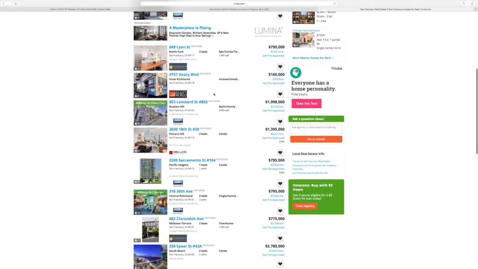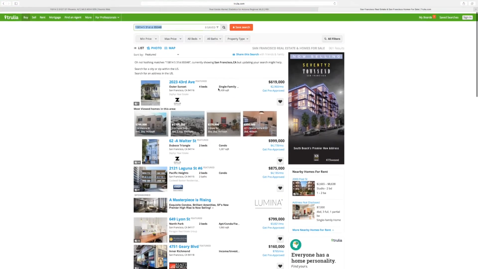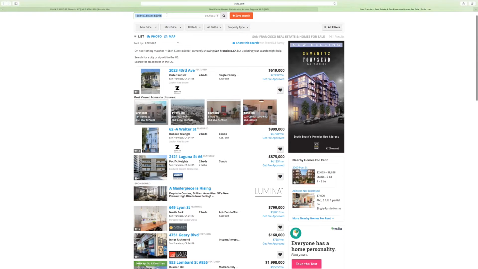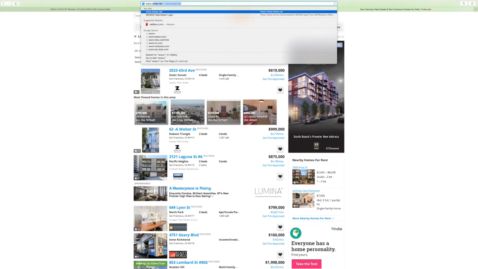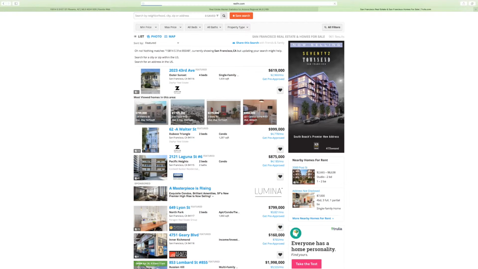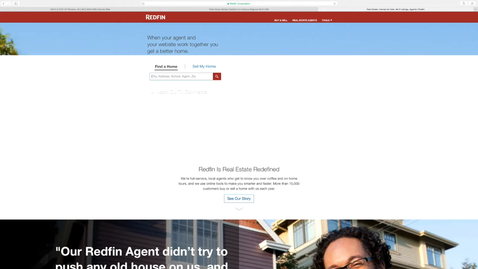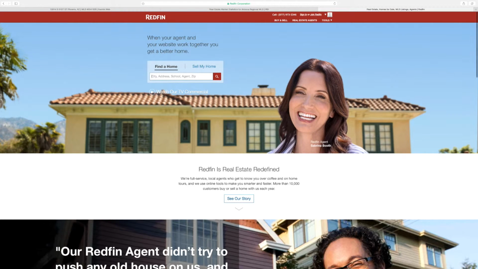Well, it's not going to show us that. So anyway, you would go here and pull up the property if it's listed in Trulia. Zillow and Redfin are the two I use exclusively anyway, because sometimes Trulia just doesn't have a good estimate or doesn't have one at all.